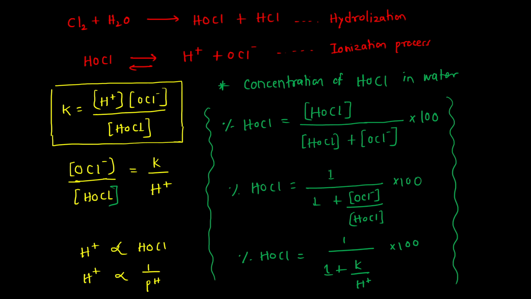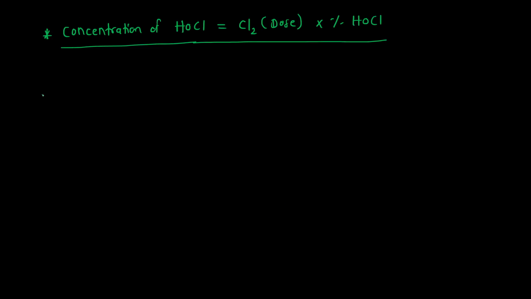Now, what is the meaning of dose? Dose means the total amount we have to apply in water. So dose is equal to demand plus residual. That means whatever demand is required for the complete chlorination, plus some residual power that is required, this total will be equal to the dose of chlorine.